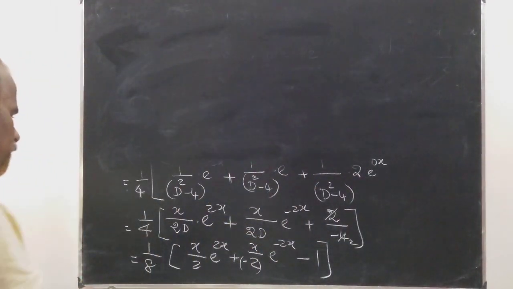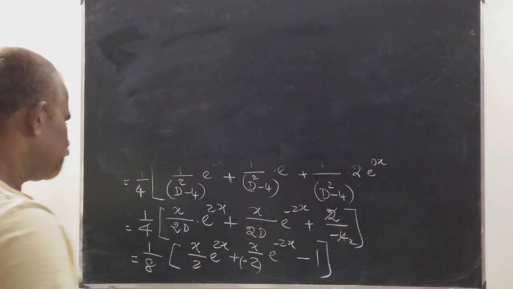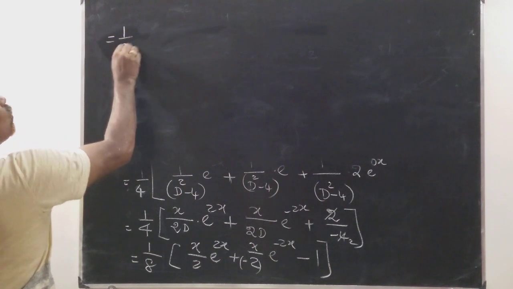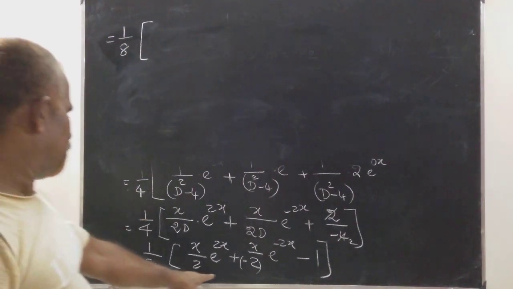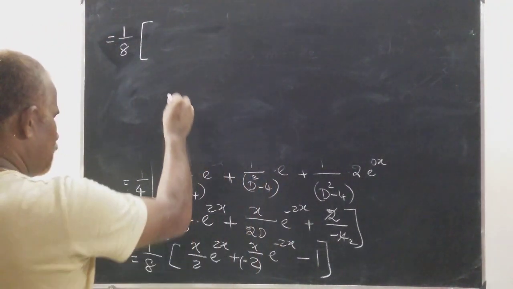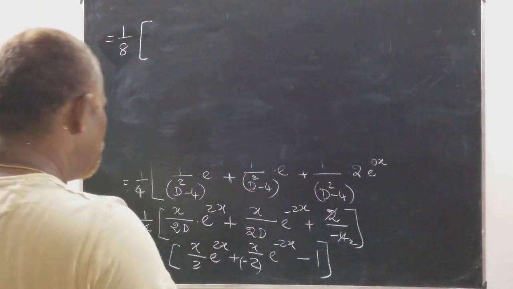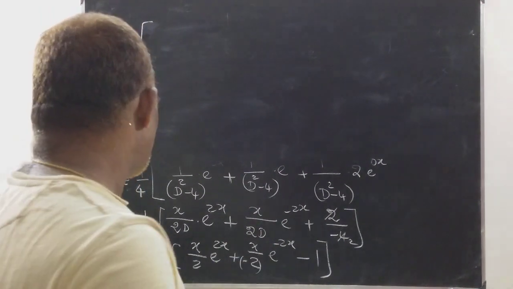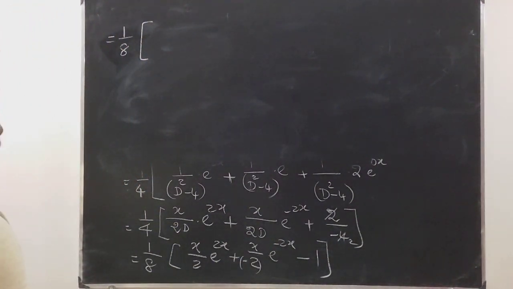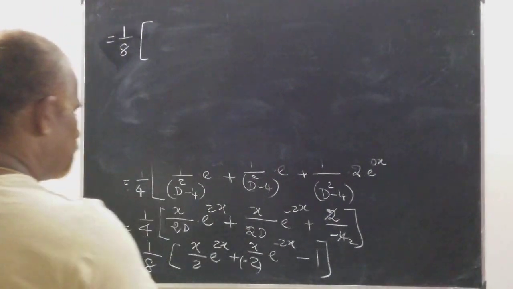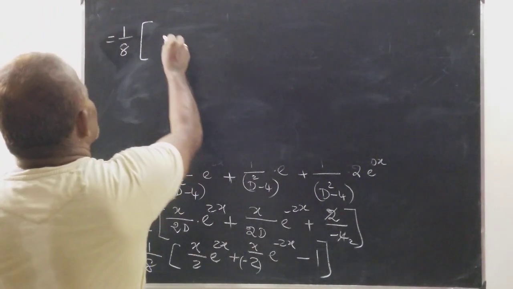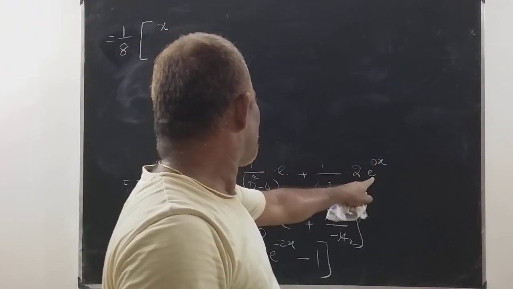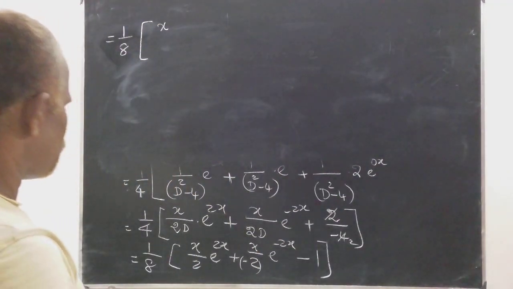So therefore here take the LCM. So this is equal to 1 by 8 into, you take the LCM. e^(2x), here is also 2 into e^0, good, fine.